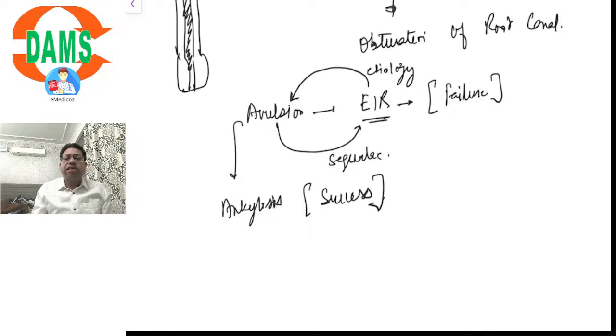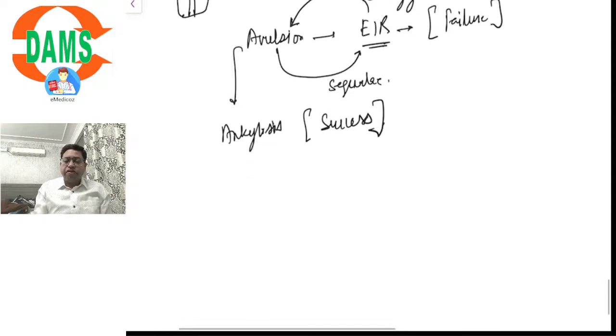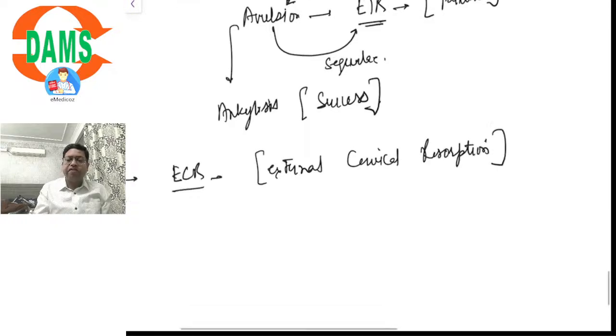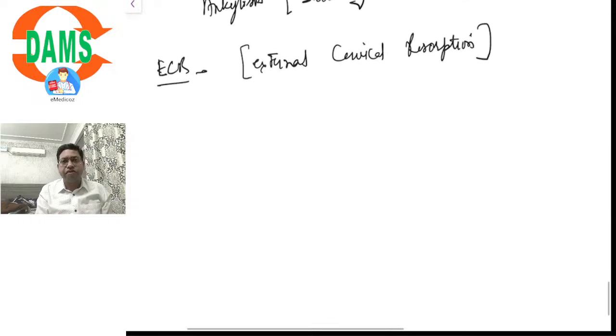This is external inflammatory resorption. Now we talk about another form of external resorption, that is ECR. ECR is external cervical resorption.